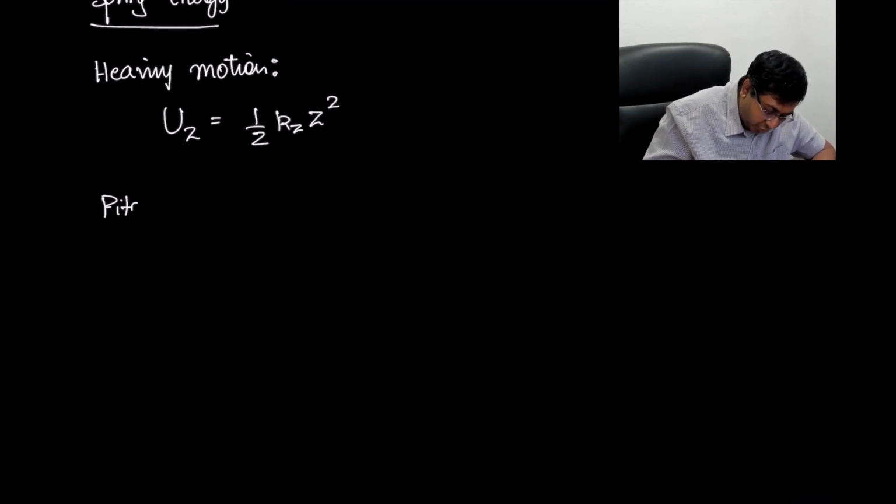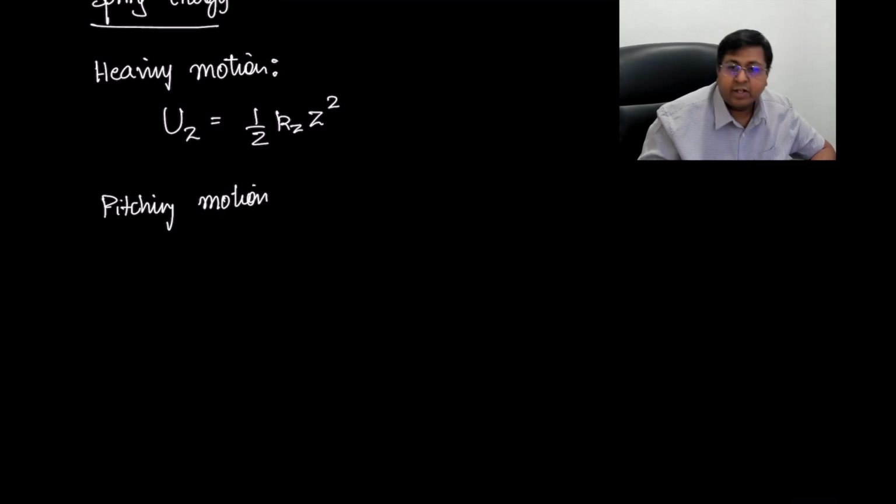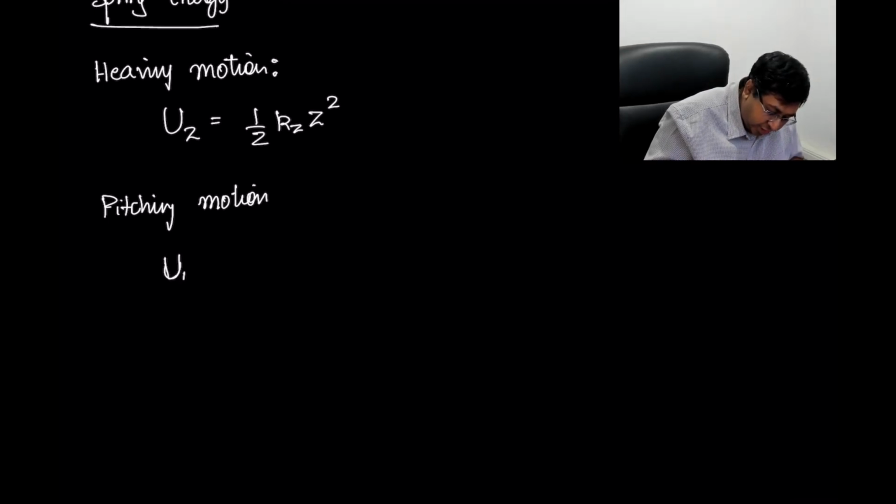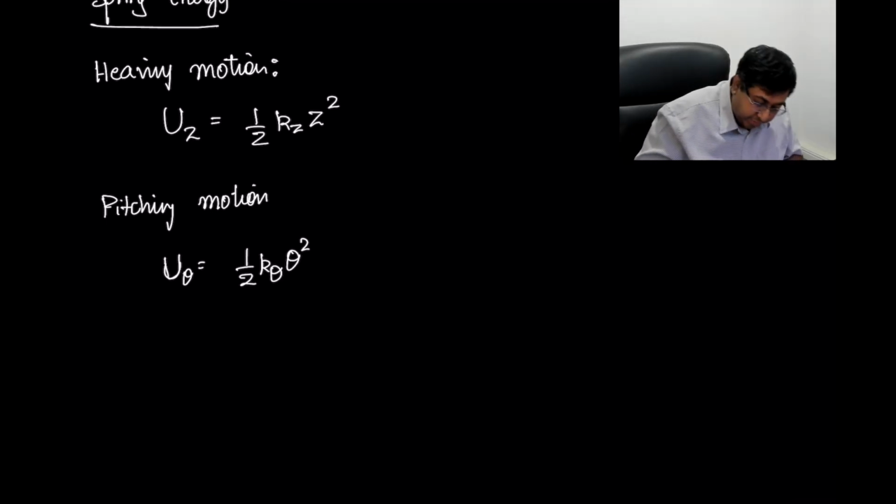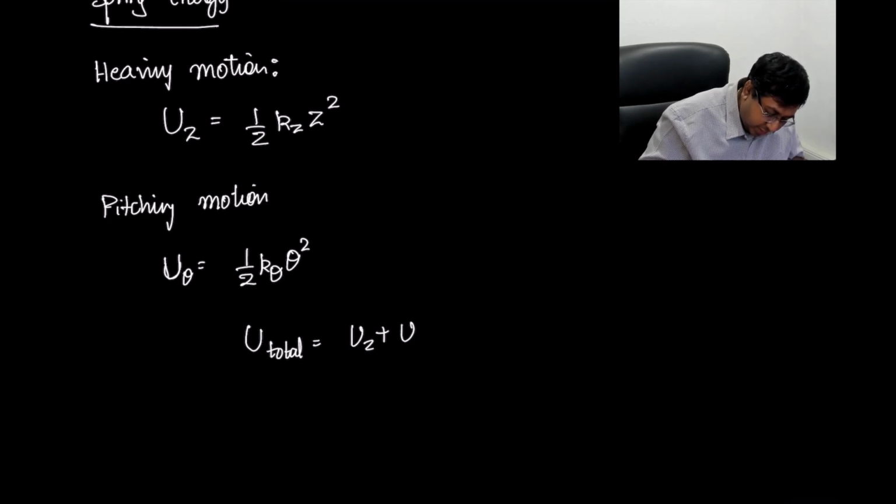Similarly, we have our pitching motion, represented by our torsional spring. Let's call the energy stored in the spring U theta, which is half k theta into theta square. Our total spring energy U total is equal to Uz plus U theta, or U is nothing but half kz into z square plus half k theta into theta square.